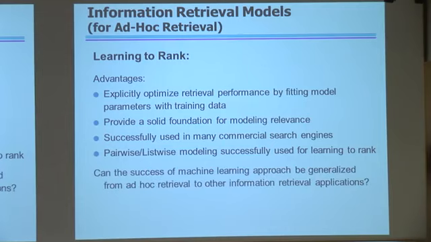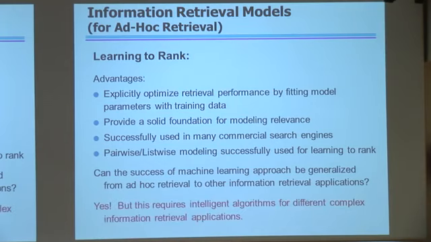So we have seen that machine learning techniques can help information retrieval applications in the case of ad hoc search. And our question is, can the success of those machine learning approaches be generalized from ad hoc retrieval to other applications, the applications I mentioned a few slides earlier? And definitely the answer should be yes. Otherwise, I would not give a talk here.